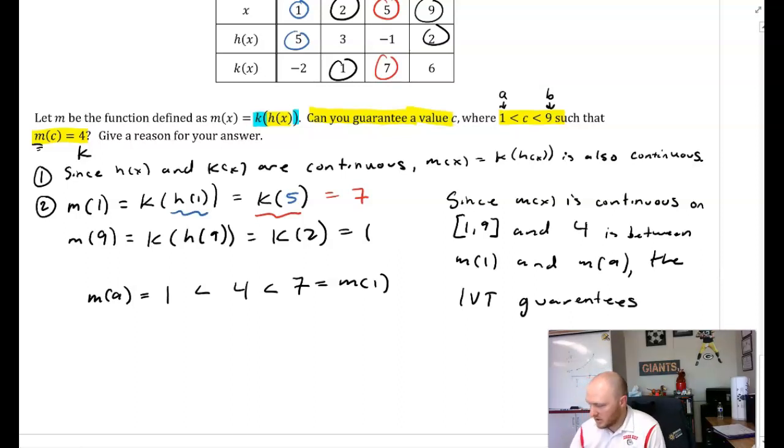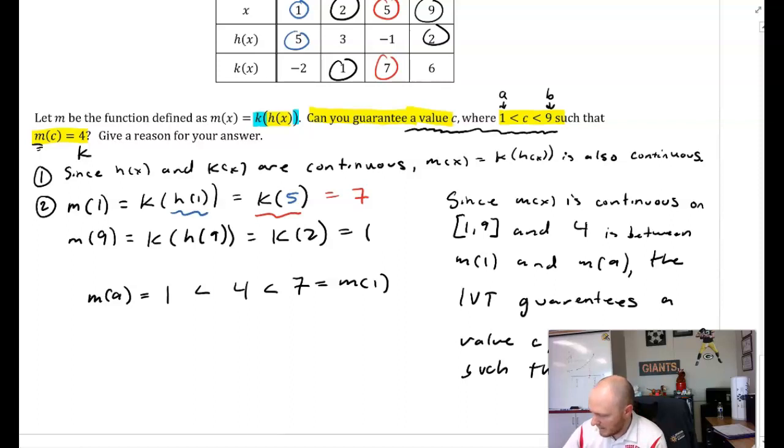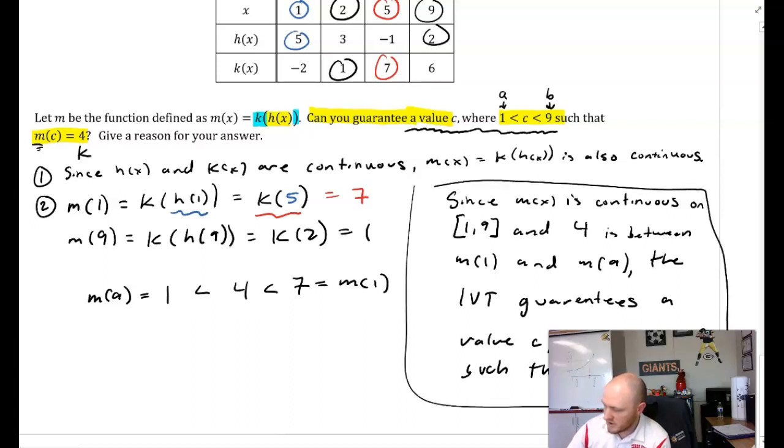What did they want? A value c, where c is between 1 and 9, such that m of c equals 4. There's your conclusion.